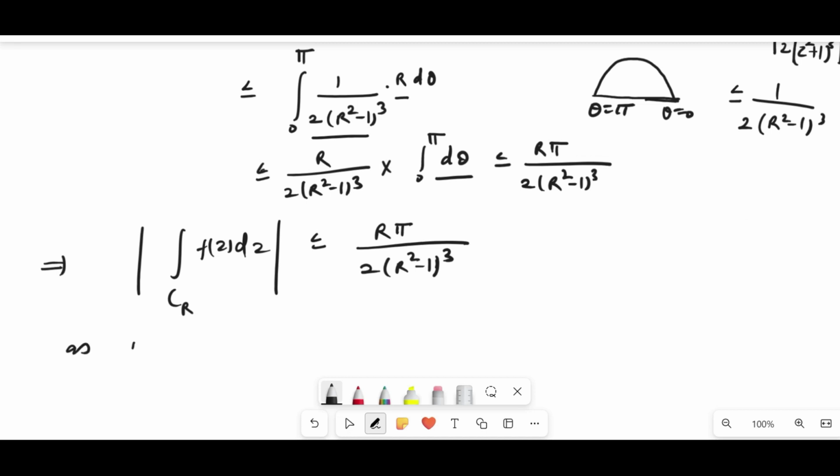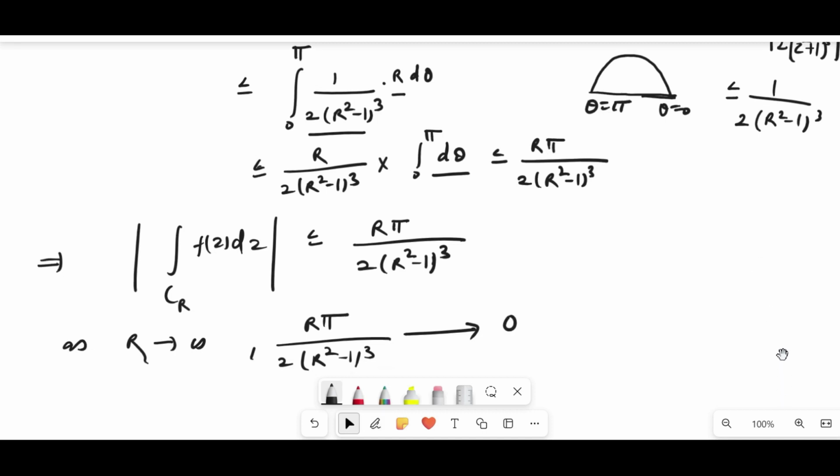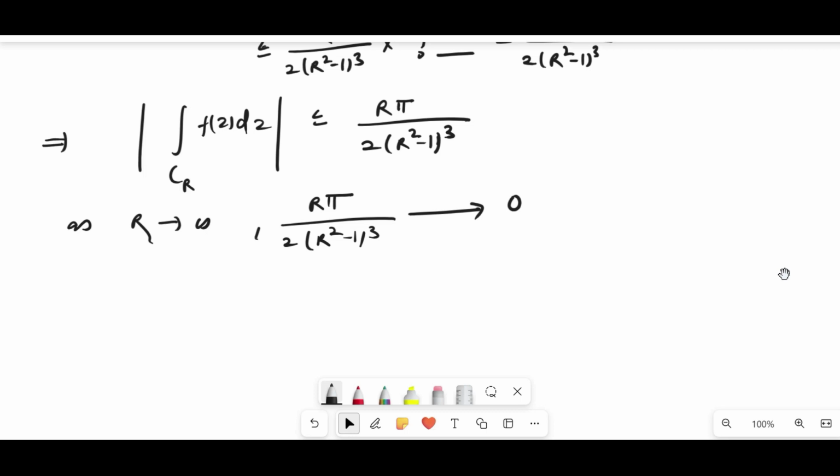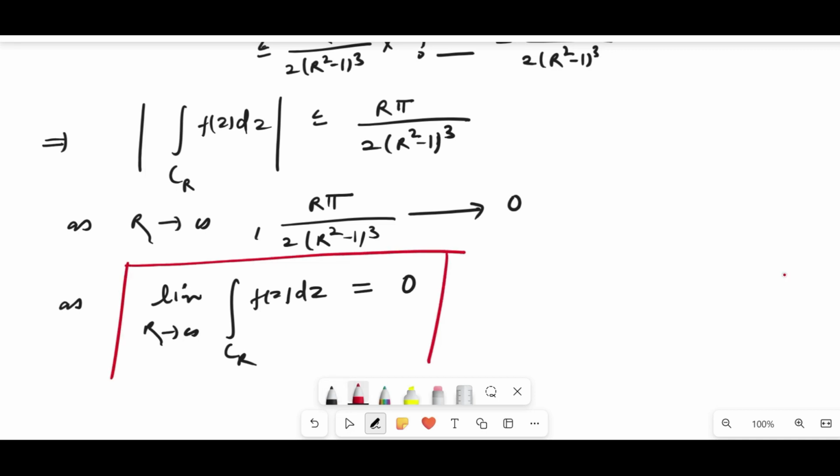As r tends to infinity, the rational function r pi over 2 times r square minus 1 to the whole power 3 will go to 0. If this modulus value becomes 0, we can say the limit as r tends to infinity of the integral over the curve C of R of f of z dz has to be 0. So this is a very important concept.